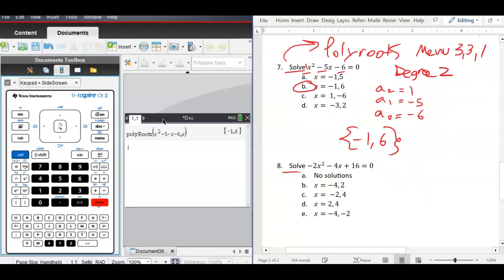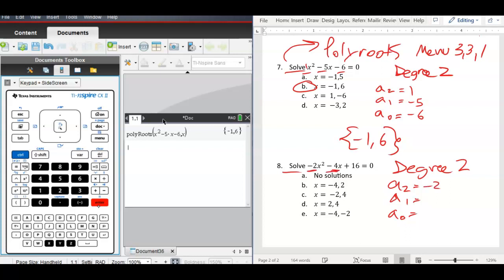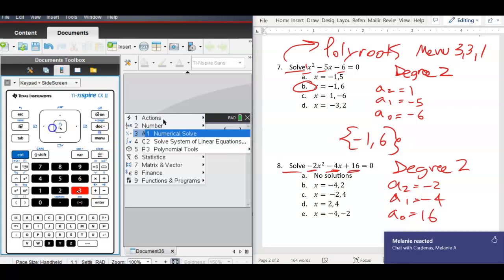Well, number 8. Okay, again, it's degree 2. So I'm going to figure out A2, A1, A0. So out front, A2 is negative 2. A1 is negative 4. A0 is 16. Press menu 331.